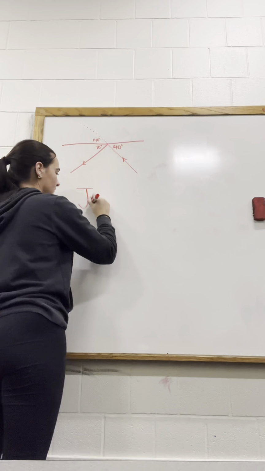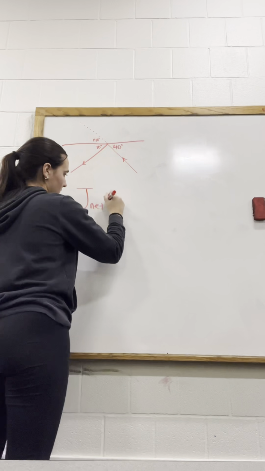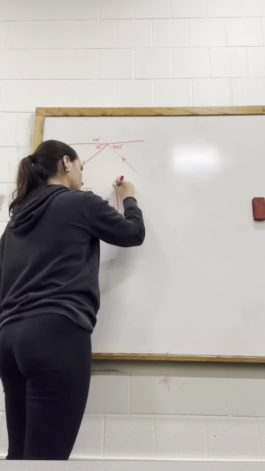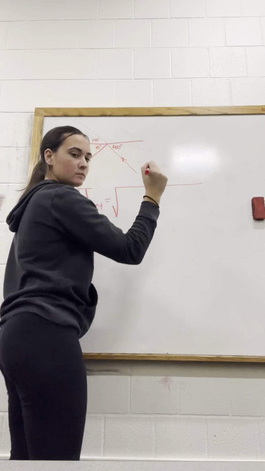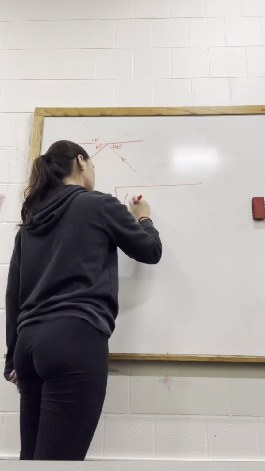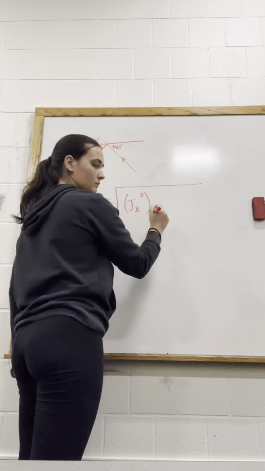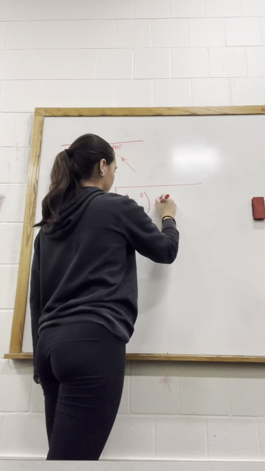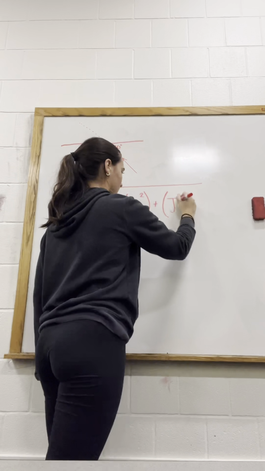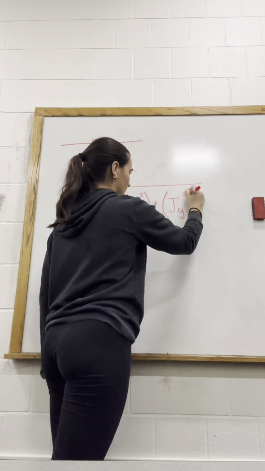After finding this, we have to find the J net. This equation is very important. It is the square root of J in the x direction squared plus J in the y direction squared.